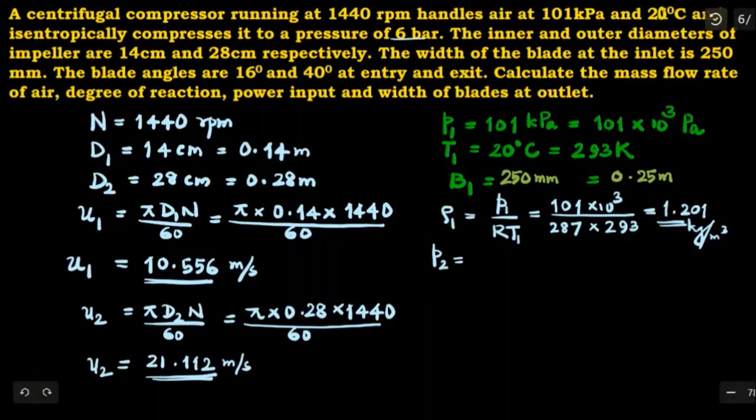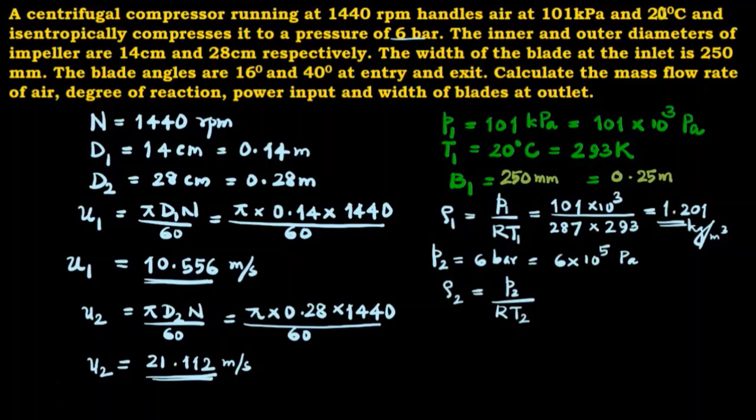So P2 is equal to 6 bar, that is 6 into 10 raised to 5 Pascal, since 1 bar is 10 raised to 5 Pascal or Newton per meter square. Then density ρ2 is equal to P2 divided by RT2.